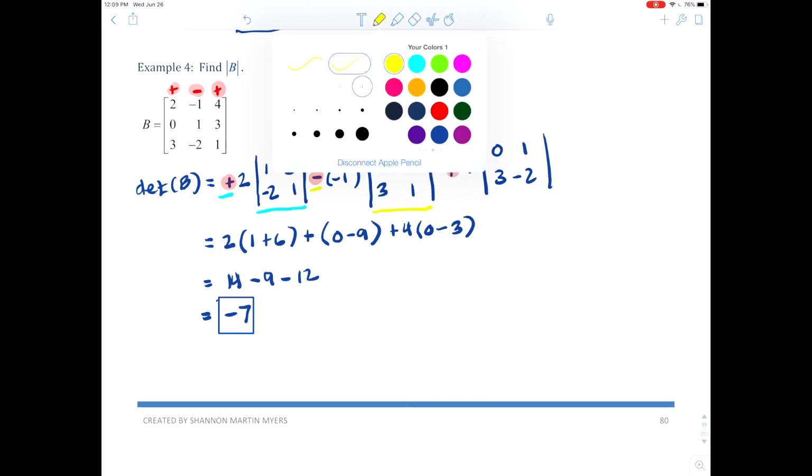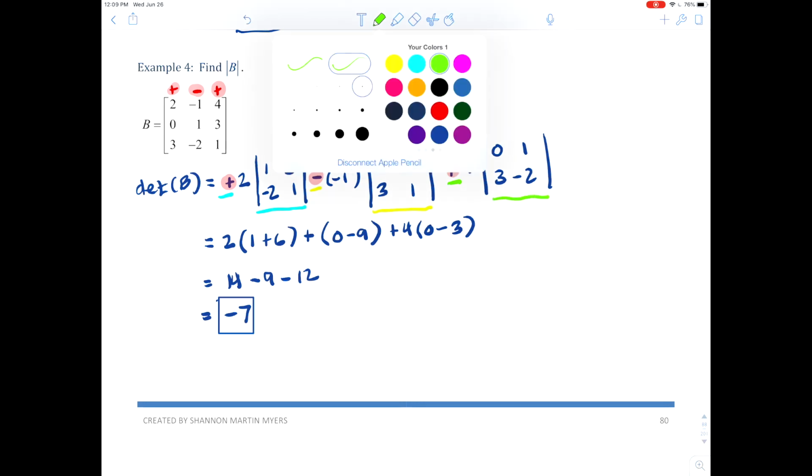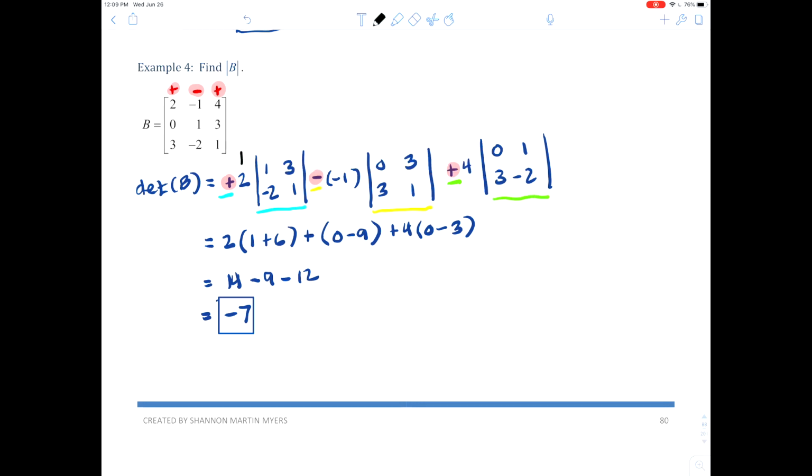And then for the third one, we'd have this positive and the determinant. So this 2 represents entry B11. This negative 1 represents entry B12. And the 4 represents entry B13.